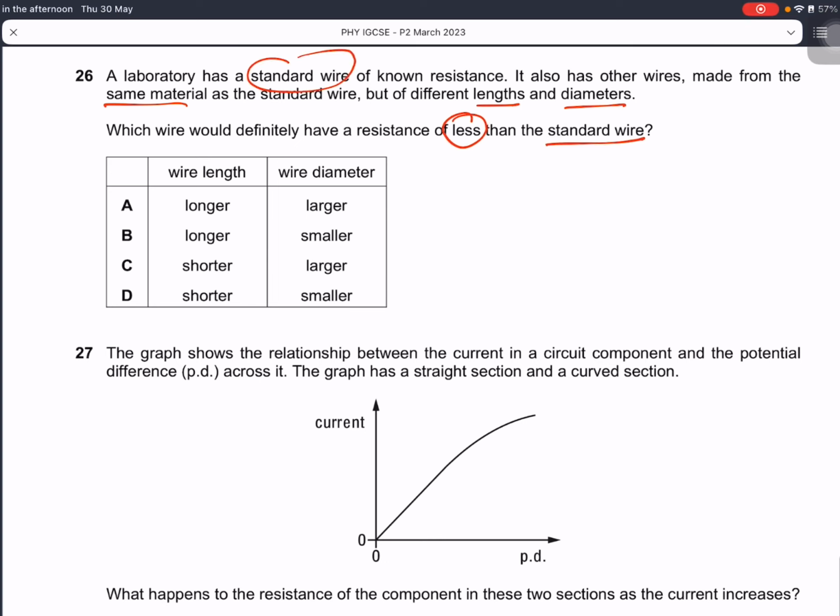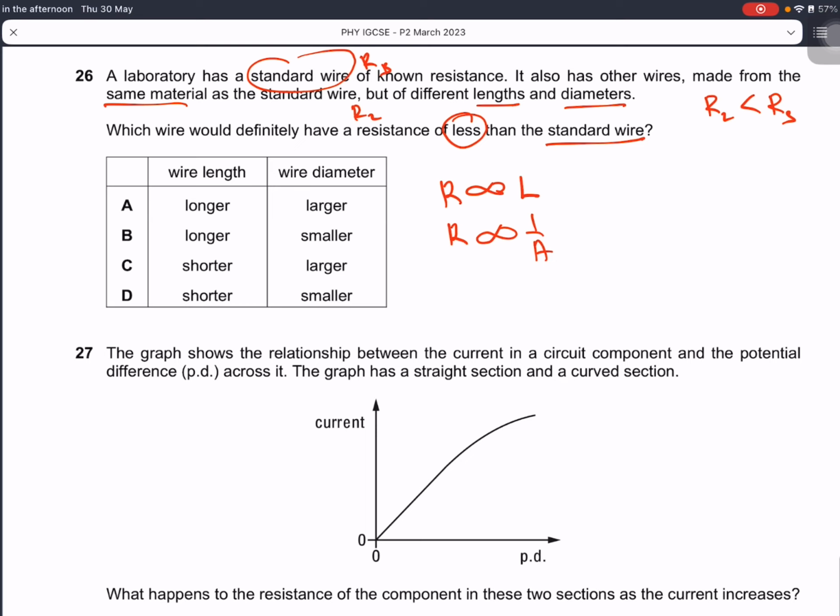The first one has R1, R standard, let's say, and R second, so definitely R second is less than R standard. So resistance is directly related to length, and inversely related to area.